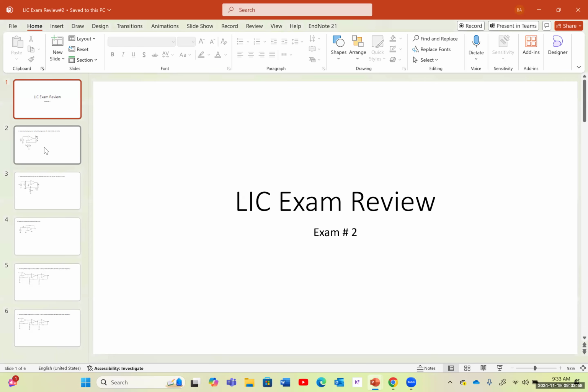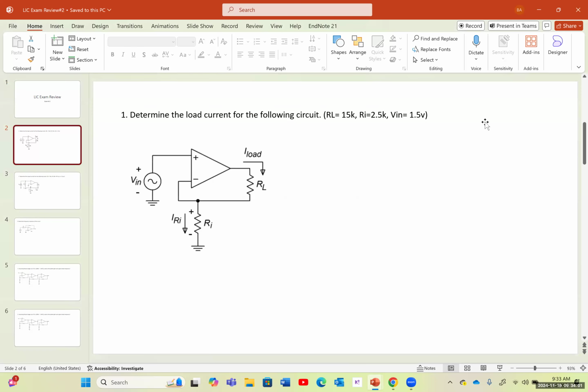So for the first question, we want to determine the load current for the following circuit.